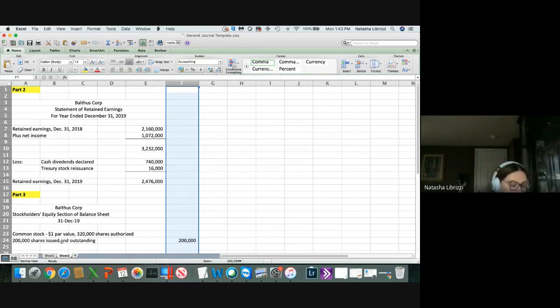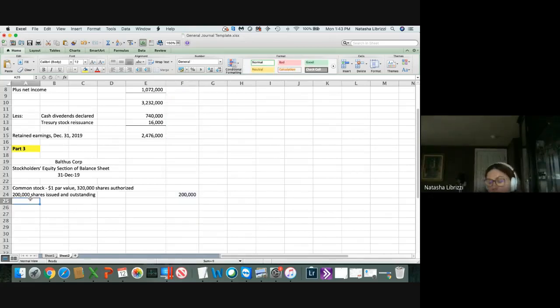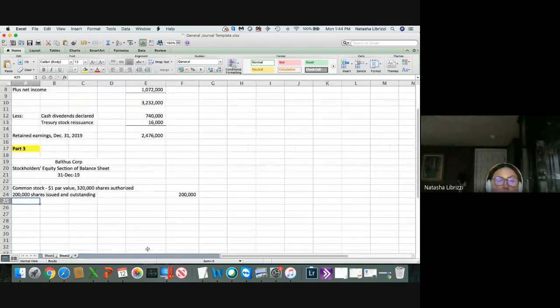Okay. Now my paid in capital, because I did not issue any additional shares. I played with treasury shares, but I did not issue any other common shares. It would be the same as my beginning of the year. If I go in here, I did not book anything to paid in capital, right? So here I would have paid in capital in excess of par of common stock.